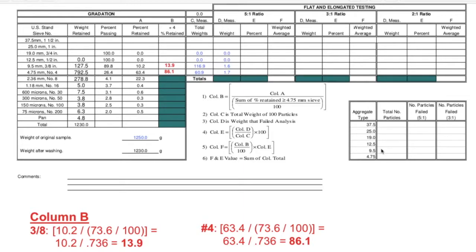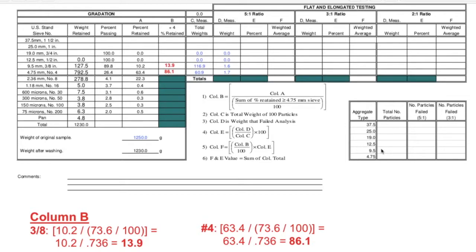So let's look at our 3/8 sieve. Column A, which is 10.2, you want to divide that into the sum of the percent retained on the 4 divided by 100. 10.2 divided by 0.736 yields us a 13.9 on the 3/8.